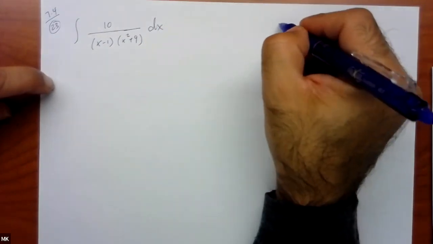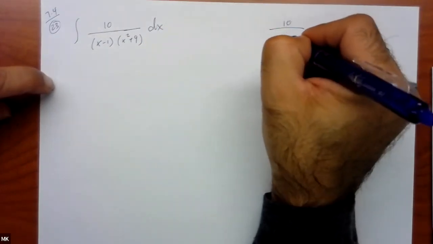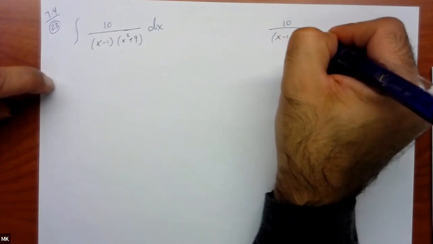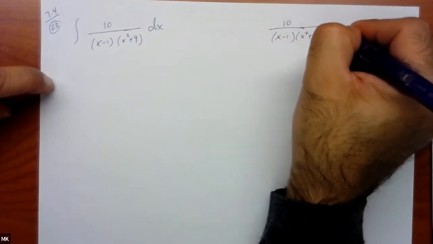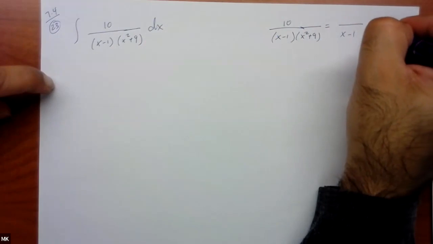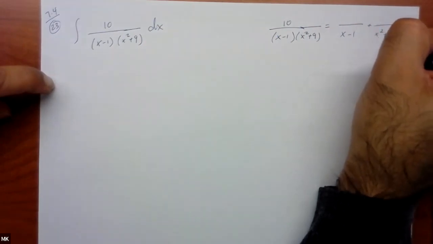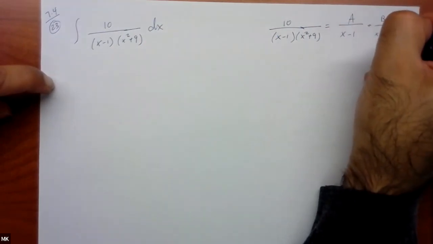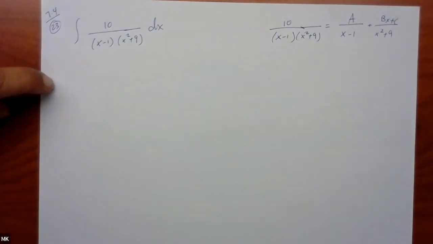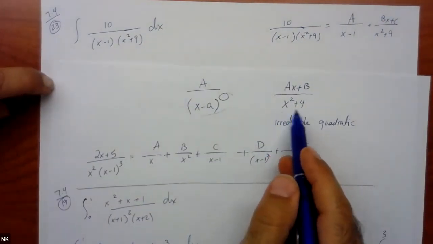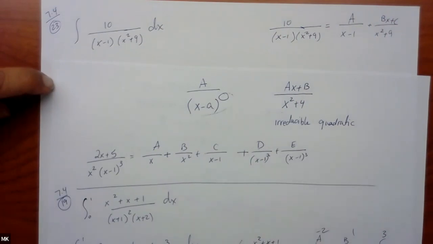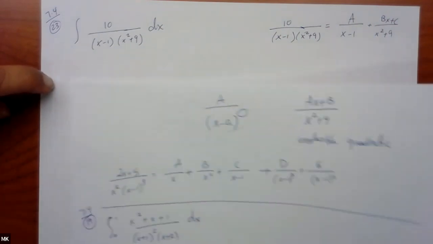So my partial fraction decomposition would be 10 over x minus 1, x squared plus 9 would be something for x minus 1 and something for x squared plus 9. But that something for x squared plus 9 is bx plus c. Remember, every time I have irreducible quadratic in the bottom, the top would have to be a linear term, bx plus c.